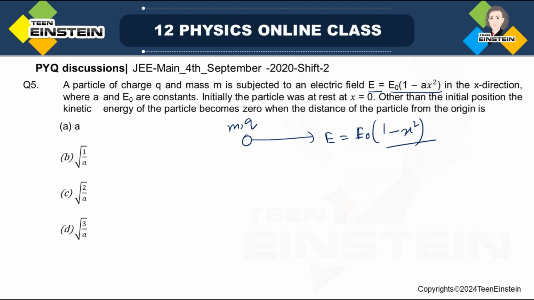Since there is a force, there will be acceleration. Obviously, we'll try to find out the acceleration along x-axis. Then we'll try to find out the velocity at any point x. So what is the force here acting on that particle? That is Q into E naught.